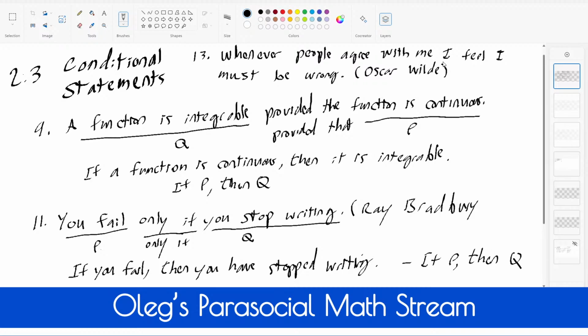Okay. Whenever, looks like this is whenever P then Q, I guess. Q whenever P. Oh, hang on. There's two whenevers. Q whenever P and whenever P then also Q. But we don't have a then also. Whenever people agree with me, I feel I must be wrong. We're going to say Q. Whenever people agree with me is Q. This is Q. Let's see here.